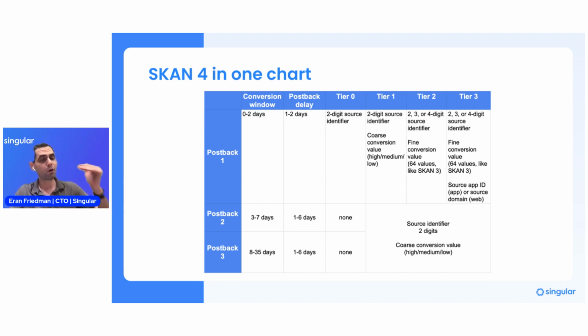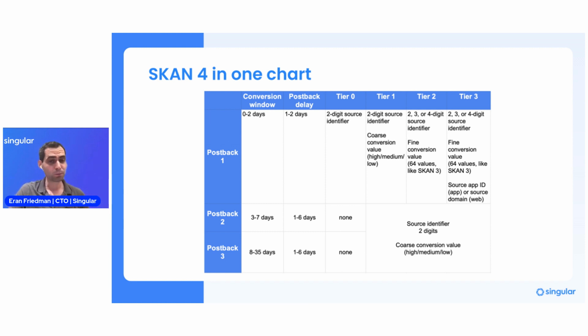But if you get more volume, you'd have the coarse conversion value, like I mentioned, the high, medium, low tiers. And for higher volumes, you'd even get the additional digits for the source identifier, so the ability to get higher granularity for reporting, and also the fine conversion value, the number between 0 and 63, like SKAN 3 that we have today for high value, high volume campaigns.